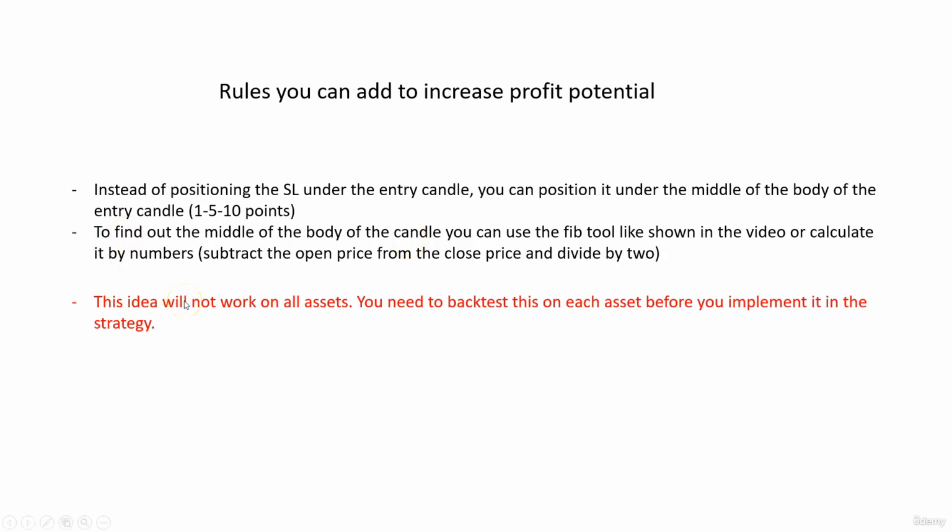So on that asset, you'll just use the standard strategy without this modification on the stop loss positioning. This is the type of thing that you'll have to do. You'll have different rules for different assets. This is how trading works. So this would be the technical part of it. Remember, always go to the standard strategy if you think all the other things are confusing or you don't want to do it.